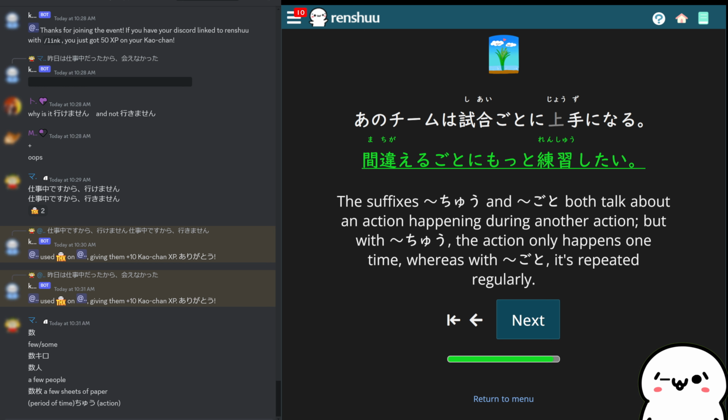But with chu, it's just this during the specific period of time, something happened. It might be during the test, I went to the restroom. And you're not making any presumption about what happens during other tests, or if there is even other tests. It's just during this test, I went to the bathroom.